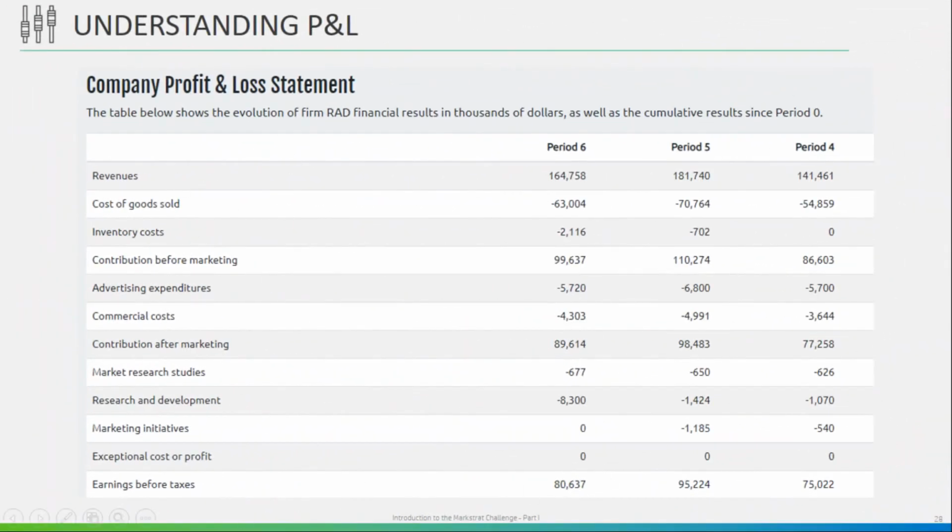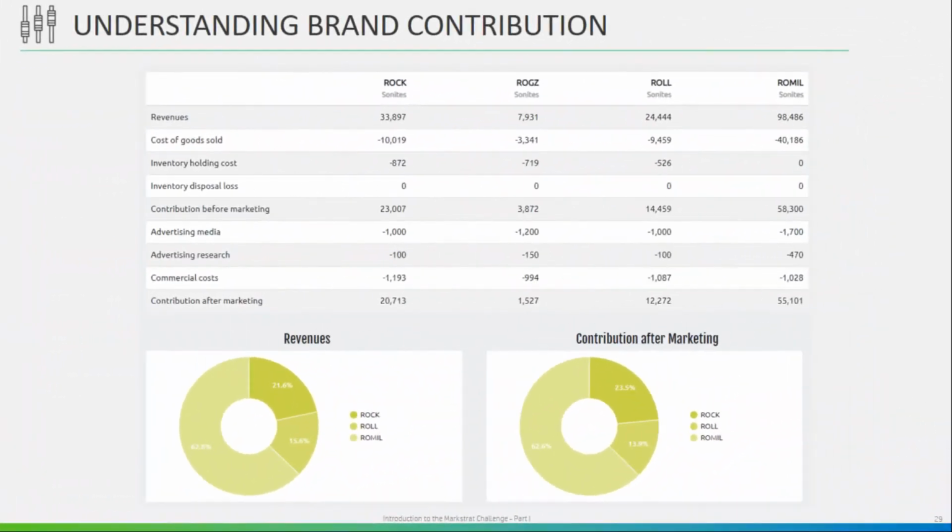Okay, profit and loss statement here. You can look at this just to see how well your company's doing overall. I'm not going to spend much time there in this video. Brand contribution is just the money you're earning per brand. Okay, so you have a brand called Rock. If you were Team R, this is your revenues, your cost of goods sold, money spent on carryover.